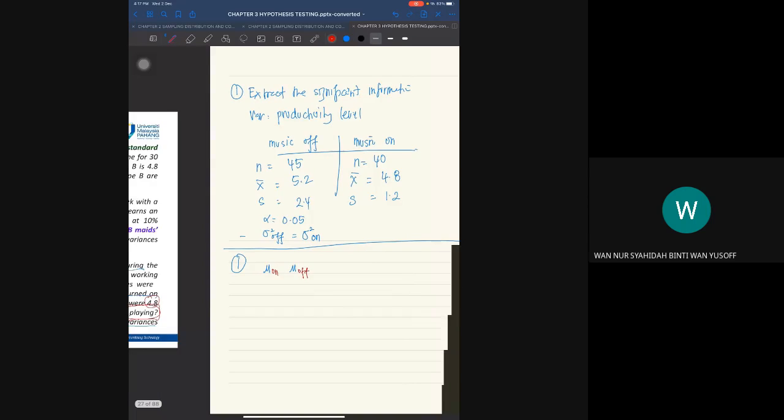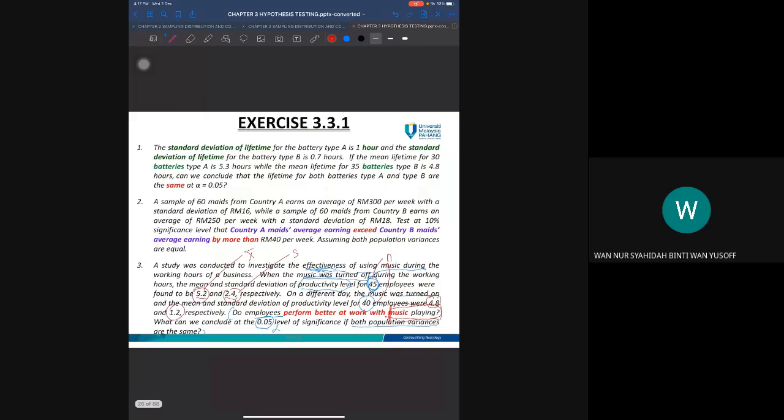Okay, so we need to decide on the sign. So perform better at what? What sign should it be? Perform better. That reflects to perform better. Greater than.